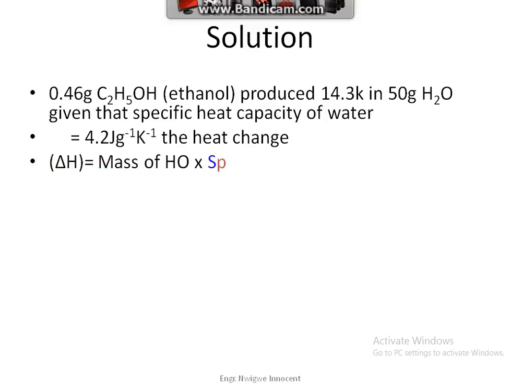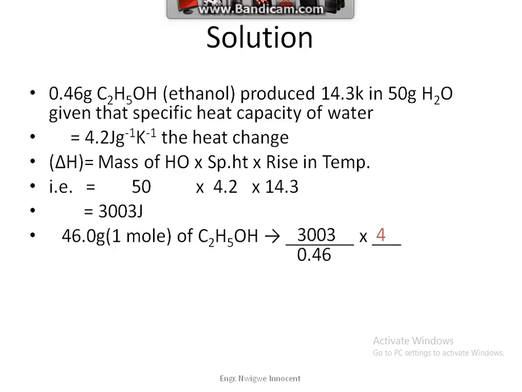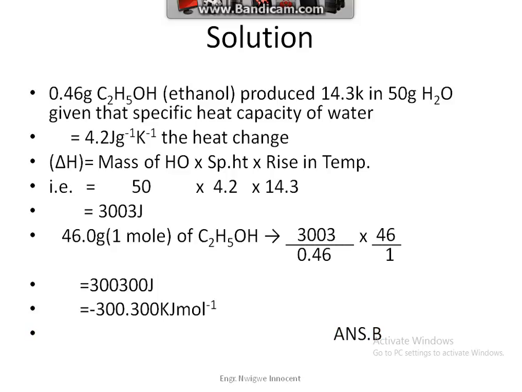The heat change, delta H, is equal to mass of water times specific heat times rise in temperature, that is 50 times 4.2 times 14.3, which gives us 3003 joules. 46.0 gram, that is 1 mole of C2H5OH, is equivalent to 3003 over 0.46 times 46 over 1, which gives us 300,300 joules, which is the same thing as minus 300 kilojoule per mole. So the answer is B.